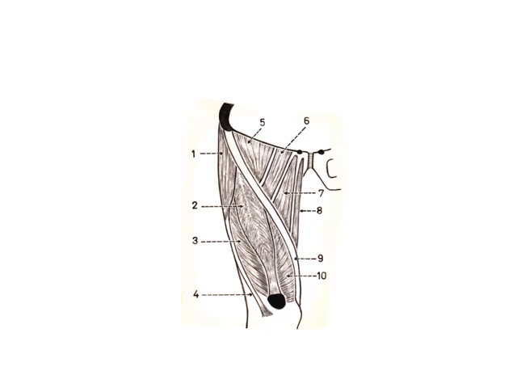The 4 heads of the quadriceps femoris join together to form a single insertion, to be inserted into the patella, this black area.